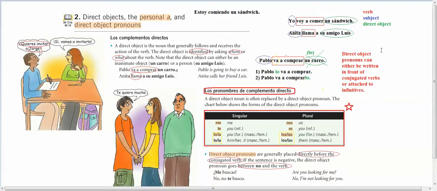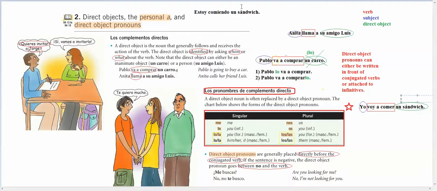Okay. So for example up here, yo voy a comer un sándwich. I could do that one. Okay, and I could write it one of two ways. Again, what I'm replacing is un sándwich. So I want to say it, right? I can either say I'm going to eat a sandwich or I'm going to eat it. And again, because un sándwich is masculine and singular, I'd use lo to replace un sándwich.